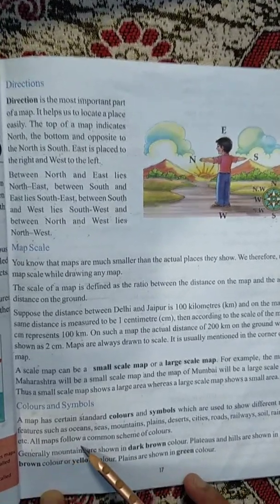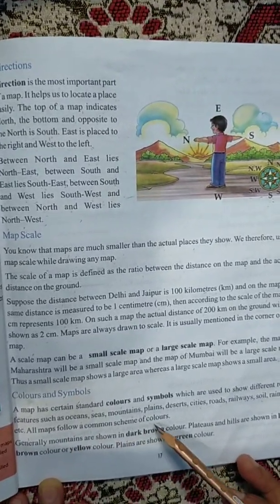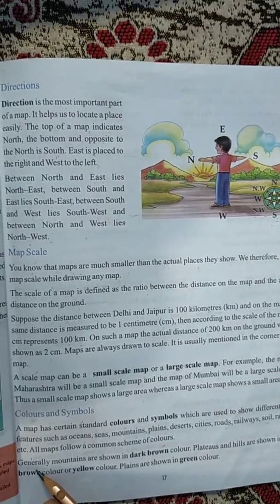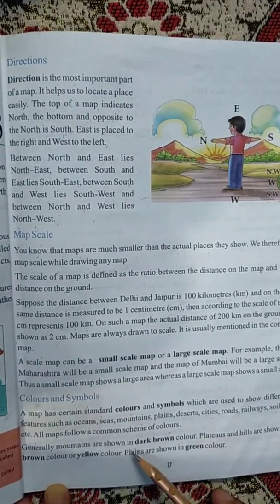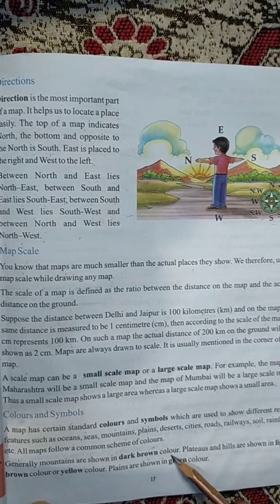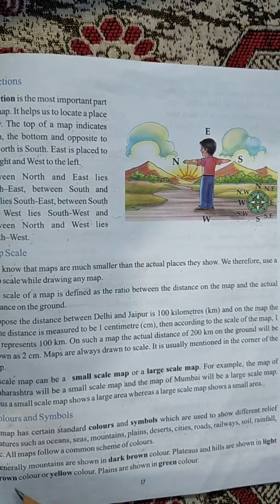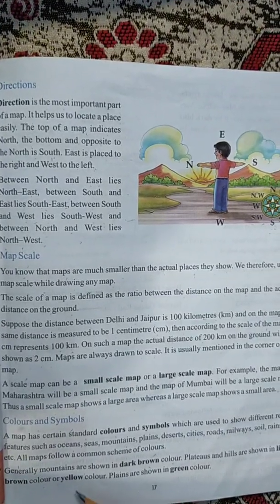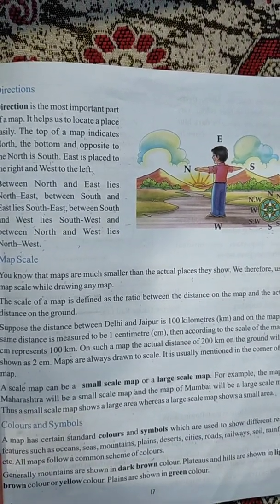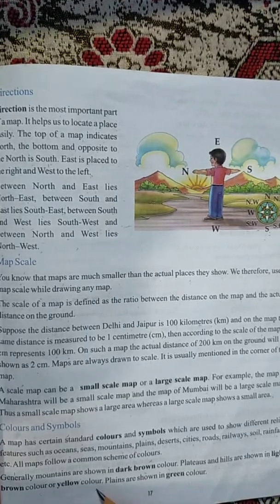All maps follow a common scheme of colors. Generally, mountains are shown in dark brown color. Plateaus and hills are shown in light brown color or yellow color.